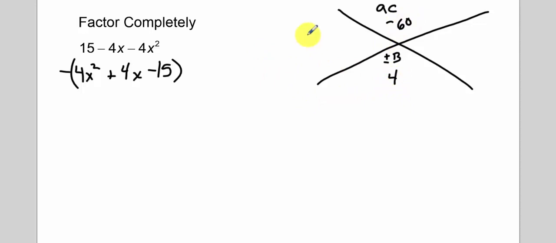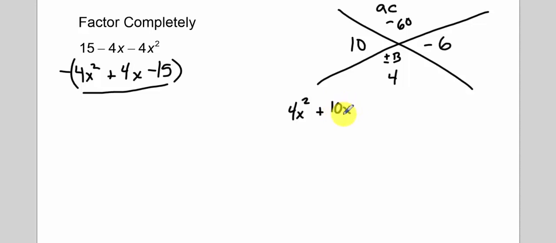Let's see, 60. I can go 6 and 10, right? 10 and 6. And I need a positive 4, so the 10 is positive, the 6 is negative. Again, we're looking at this trinomial to factor, so I have my first term, which is 4x squared.